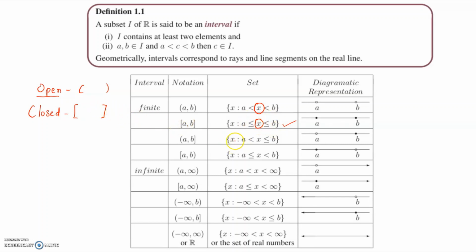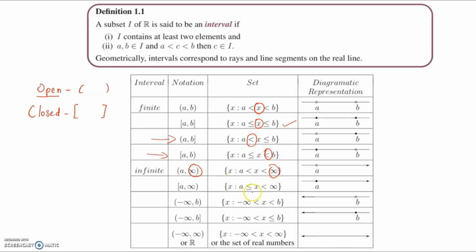Similarly, in the third case, you have the interval which is open to the left. It's open to the left because a < x. And in this case, it's open to the right because x < b and not equal to b. So similarly, you have these intervals. Now, whenever it's infinite, you will put an open bracket.